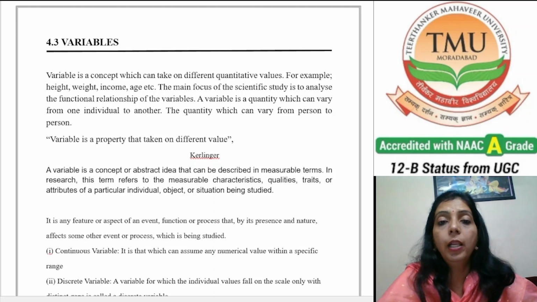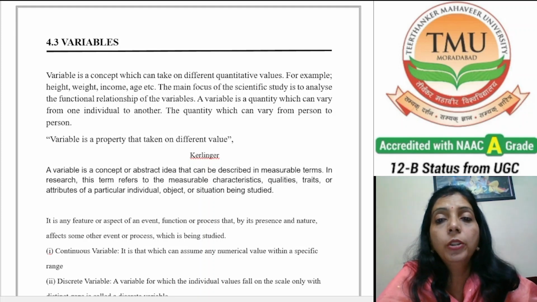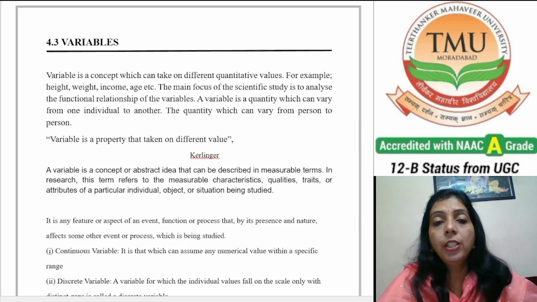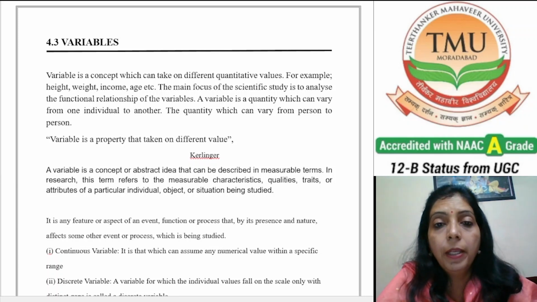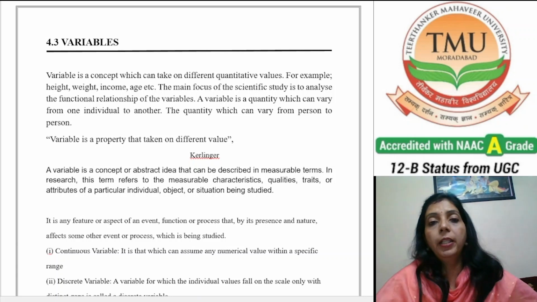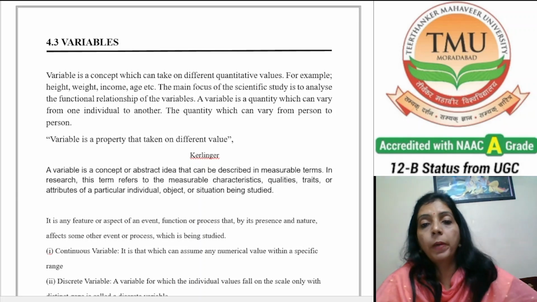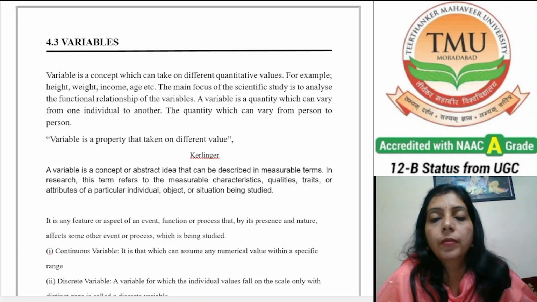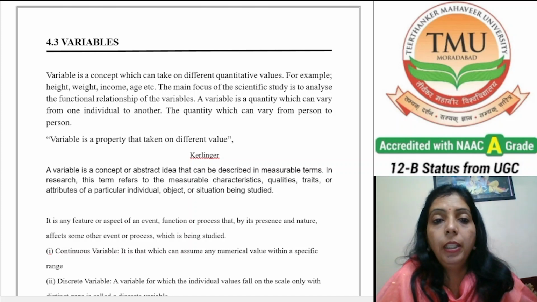A moderator variable is an independent variable that is not of primary interest, that has levels which when combined with the levels of the independent variable of interest produce different effects.